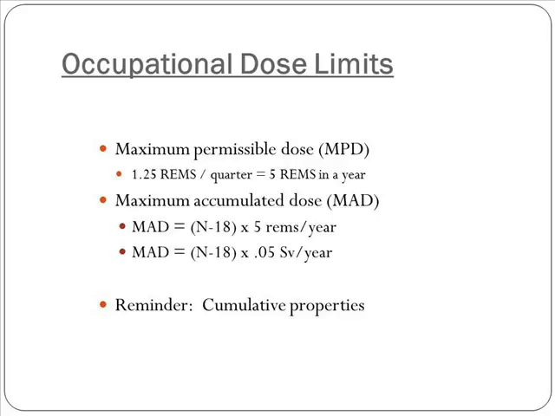The maximum accumulated dose, or MAD, is equal to N, which is the age of the operator, minus 18, times 5 rems per year, or times 0.05 sieverts per year. And keep in mind that radiation is cumulative. The radiation that is not healed with antioxidants is cumulative and can certainly cause damage.